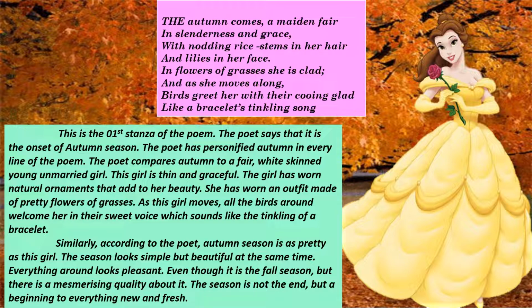This girl is thin and graceful. So this young girl who is fair and young and unmarried, she is very thin and she is very graceful. She is very elegant. The girl has worn all natural ornaments that add to her beauty.